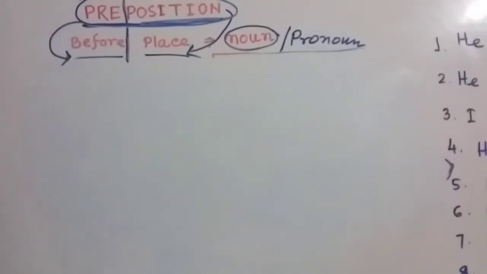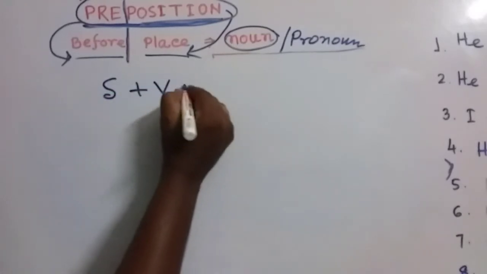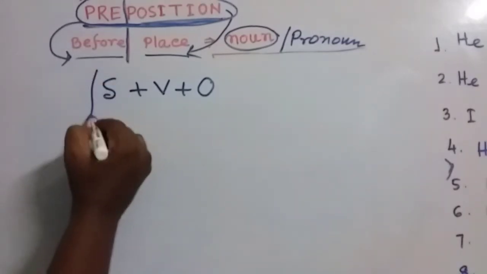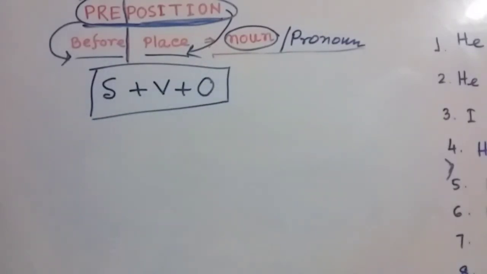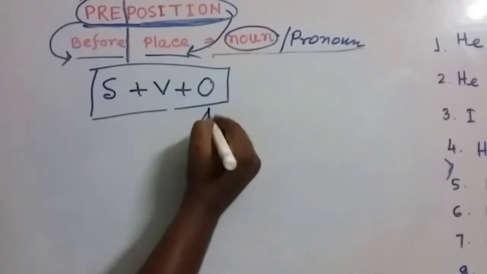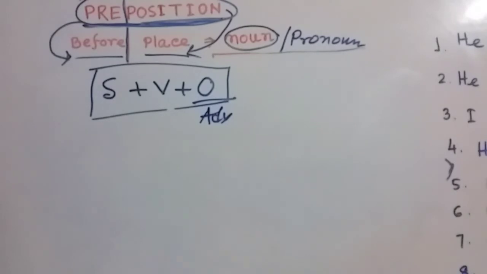So my dear friends, first of all, we have to think about the structure of the sentence. If the structure is subject, verb and object, we will not use any kind of preposition. If the structure is subject, verb and adverb, we will not use any kind of preposition.